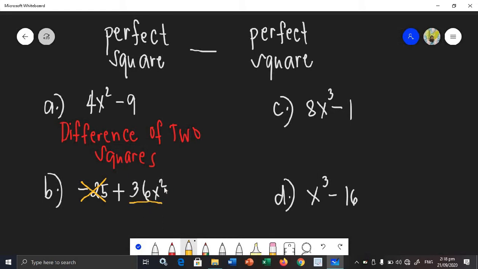X to the second power is a perfect square. Again, take a look at the sign separating the two terms. This is a plus sign. So our condition is they must be separated by a minus sign. Therefore, it still does not comply with the two conditions. Therefore, we can conclude that the second given is not a difference of two squares.